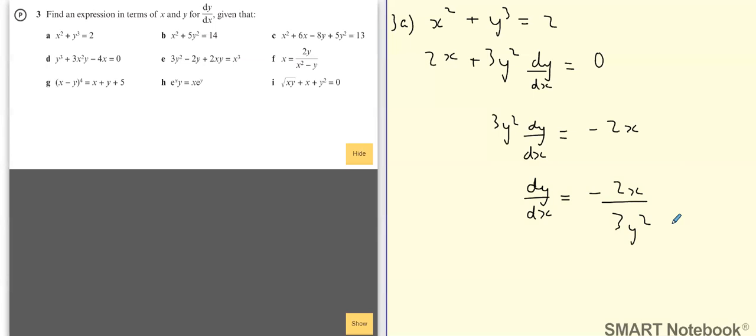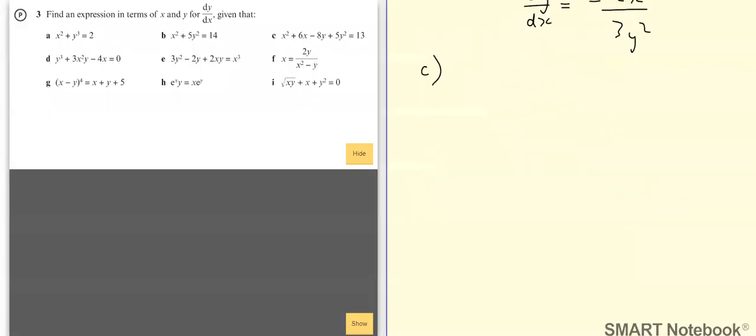Okay, so if you made a mistake on that, can you please let me know what mistakes you made? So start off by writing this out. x squared plus 6x minus 8y plus 5y squared equals 13.